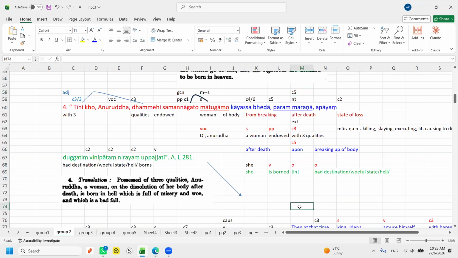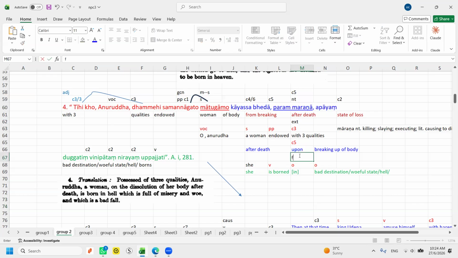Now here, can you see the word kayasa? Kayasa, this is Veda. So it is also a long A. In this case, the word means from breaking of the body.